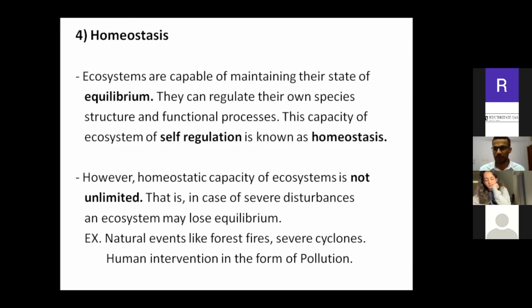Fine. So this is a self-regulation which is carried out by every ecosystem. Every ecosystem tries to maintain its equilibrium through self-regulation. And this ability or capacity of ecosystems to maintain their equilibrium through self-regulation is known as homeostasis.